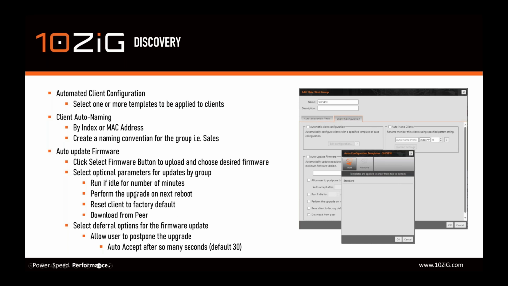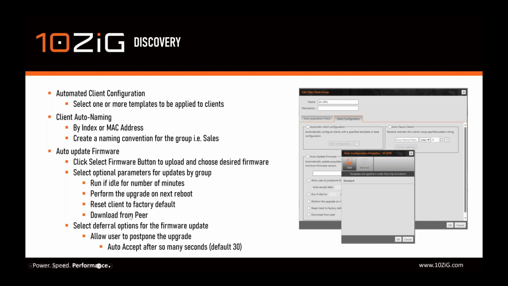There are a number of different options available for the firmware update process, which we'll look at in more detail a bit later on. But for example, you can run the update process if the device has been idle for a number of minutes, perform the upgrade next time the device reboots, reset any clients to factory default, and download from a peer.